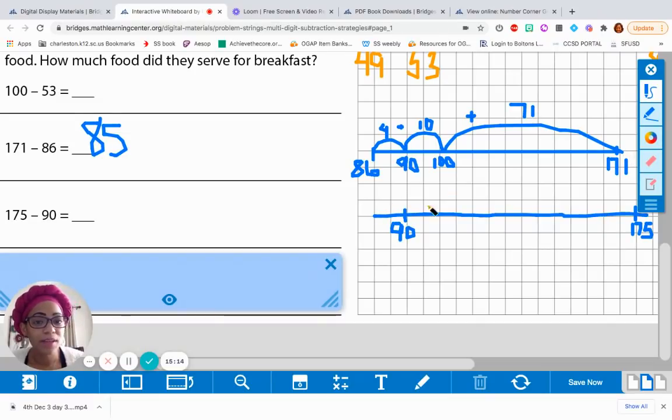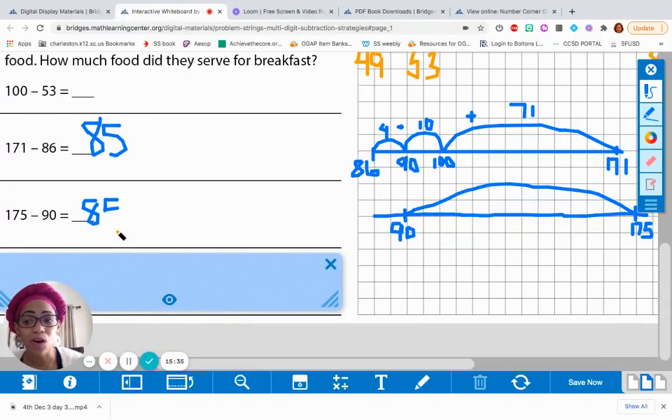It looks like we shifted 4 from 86 and we shifted 4 from 175, which means the difference between those two numbers remains the same. So what should our answer be? It should be 85. It's called constant difference.